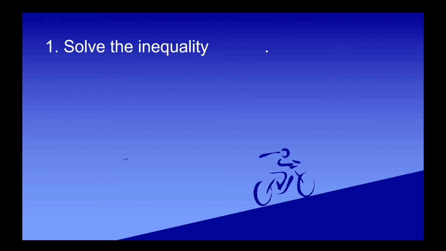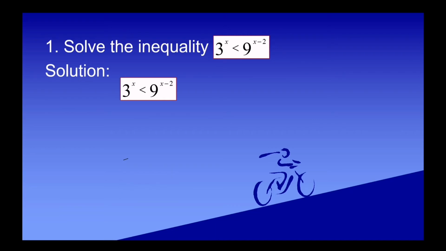Okay, so let us answer our first problem. Solve the inequality 3 raised to x is less than 9 raised to x minus 2. Okay, yung base natin, 9 and 3 can be written using 3 as the base. And 9 can be factored into 3 times 3, which is equivalently in exponential form 3 raised to 2.